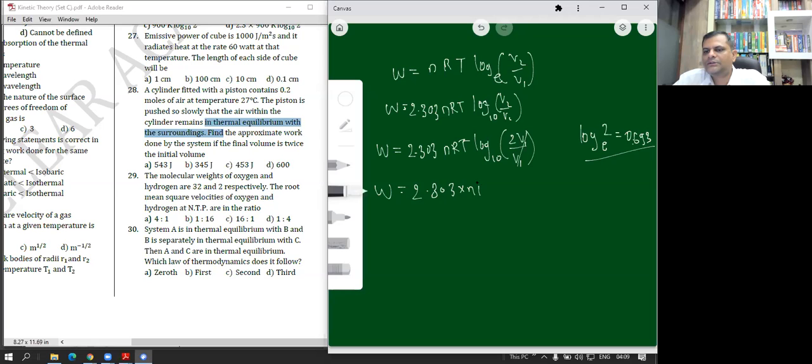ओके, तो ये nRT वैसे ही रखा, और यहाँ पे log of 2 to the base 10 क्या आएगा, 0.3010.